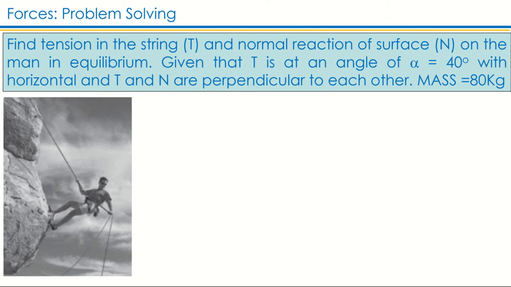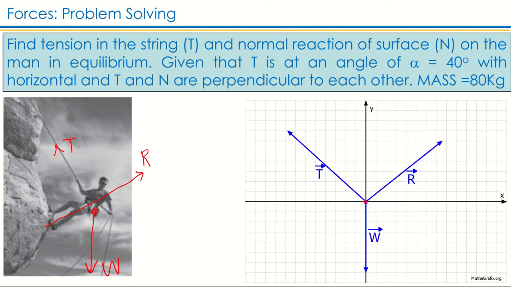So there are again three forces: tension in the string, normal reaction force of the rock on the person, and W. So first thing is to realize the forces, and these are these forces, and it's said that T is at an angle of 40 degrees. So this is 40 degrees, and T and R are at 90 degrees. So of course this should be 50 degrees.